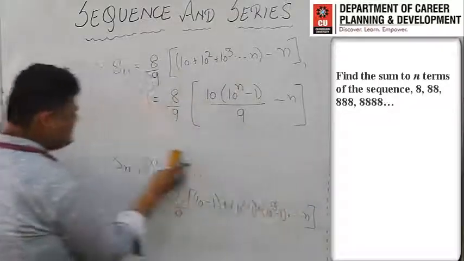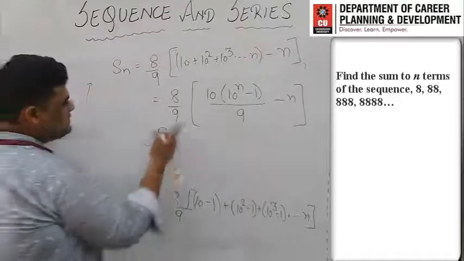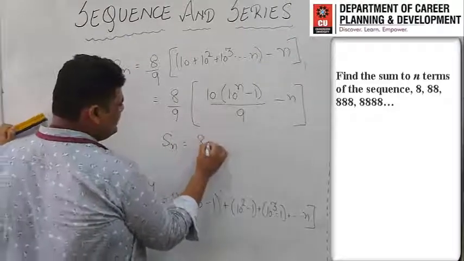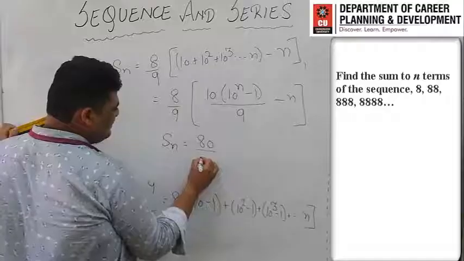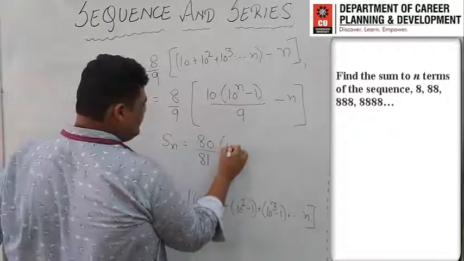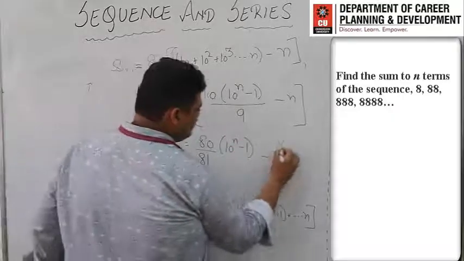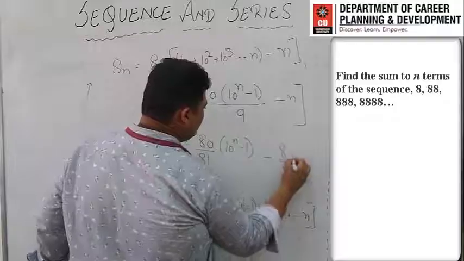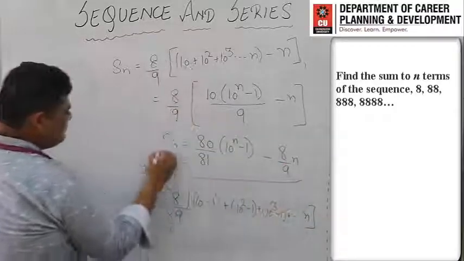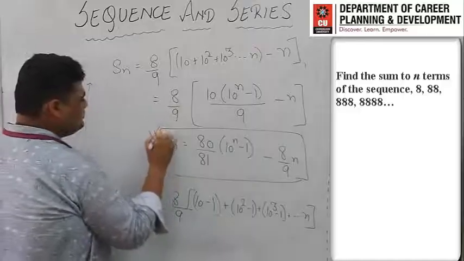So if we arrange this, the sum of n terms will come out as, taking it as common, 80 divided by 81 multiplied by 10 to the power n minus 1, minus 8 by 9 multiplied by n. This will be our total sum of n terms.